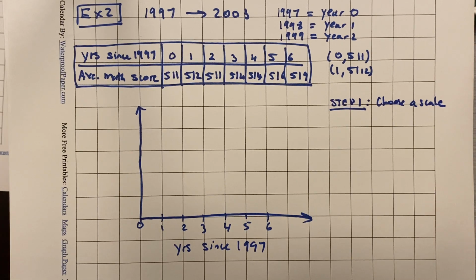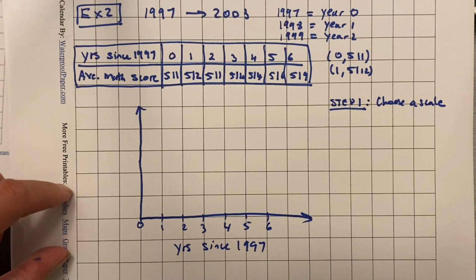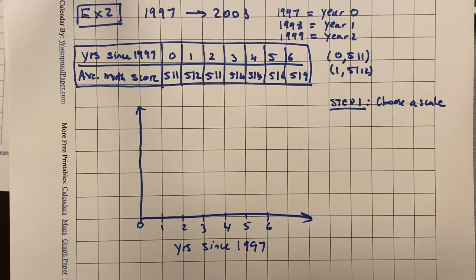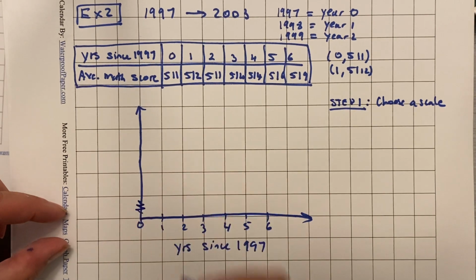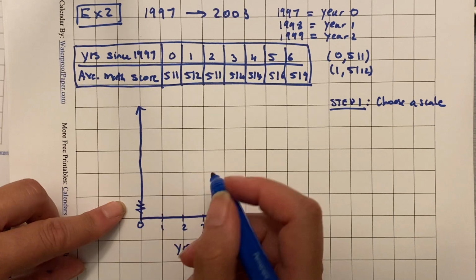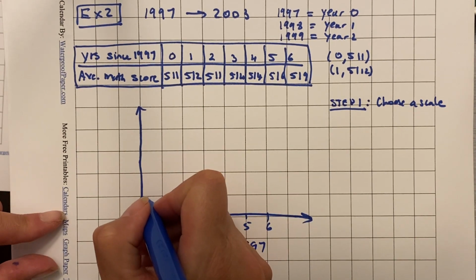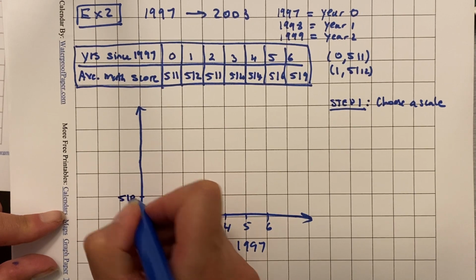Since these, which they're calling S values, go from 511 to 519, I'm going to put a little mark that shows there's a break in the graph, or there's a lot of numbers, and I'm going to start at 510.